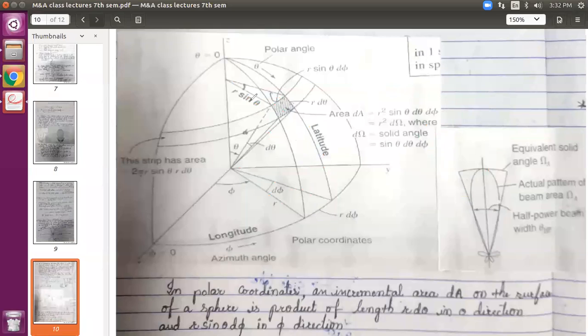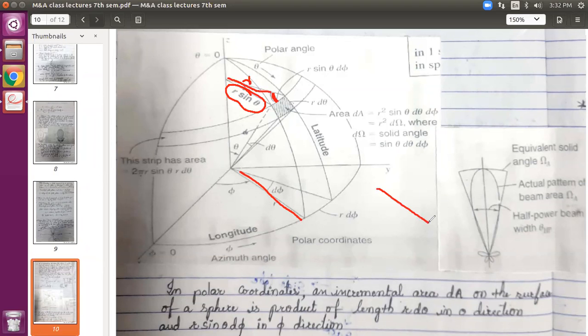So if you take the projection of this, it is the angle theta, because this is the direction of theta. So this is the angle theta, and this line is a radius, so its projection is this, right? So it is r.